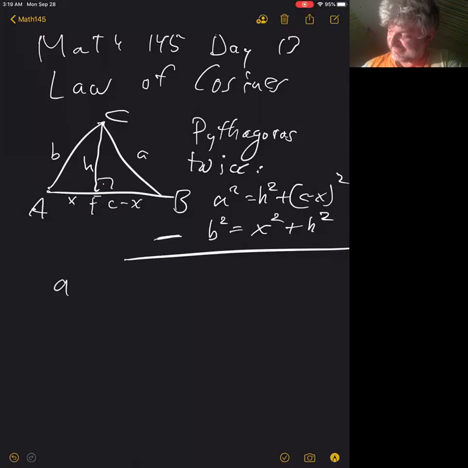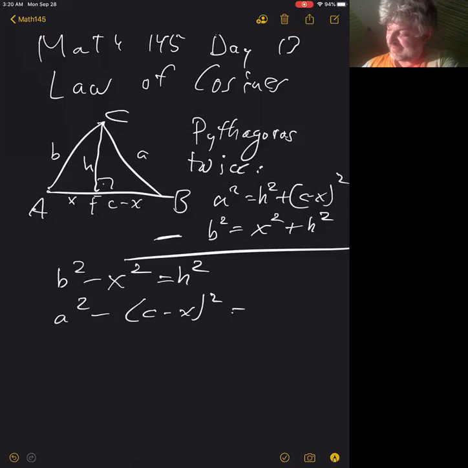The way I've done it here is b squared minus x squared is h squared, and a squared minus (c minus x) quantity squared is also h squared. And so those two things on the left are equal. So we've got b squared minus x squared is equal to a squared minus (c minus x) quantity squared.